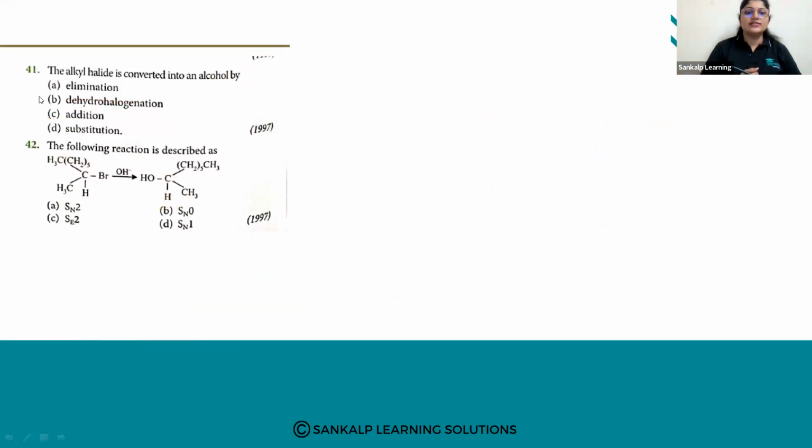The alkyl halide is converted into an alcohol. Alkyl halide means RX. So RX is converted into alcohol. How can you convert RX into alcohol? You can convert it by the addition of any nucleophile. Suppose there is a base. The base can attack either from the front or from behind. So what type of reaction can it go?